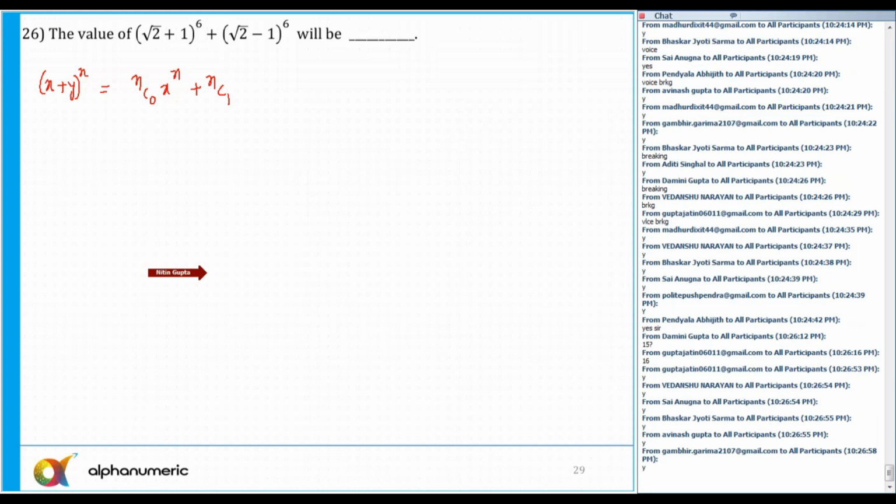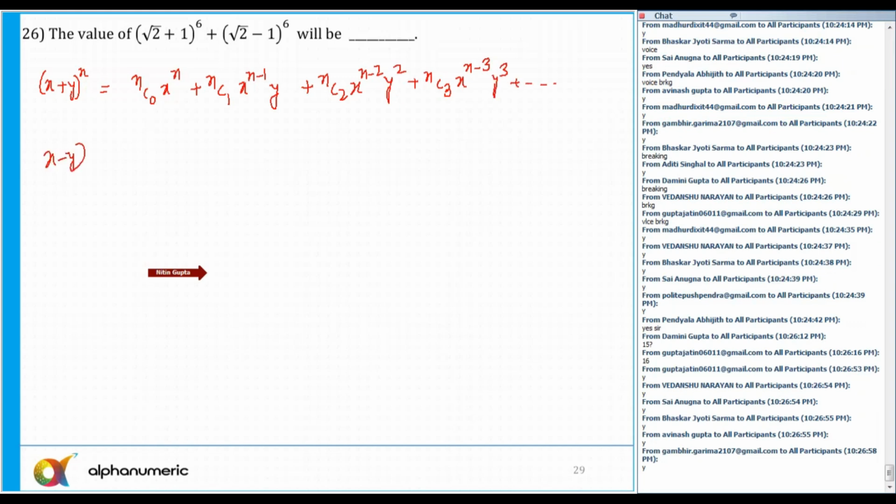So nC1 into x raised to power n minus 1 into y plus nC2 into x raised to power n minus 2 into y square. A very important question, so all of you please pay attention. nC3 into x raised to power n minus 3 into y cube and so on.